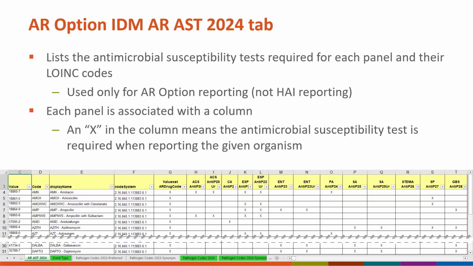So it is not used for your HAI reporting. Each drug panel is associated with a column in this tab. Again, an X in the column means that that antimicrobial susceptibility test is required when reporting the given organism that uses that panel. Next slide, please.